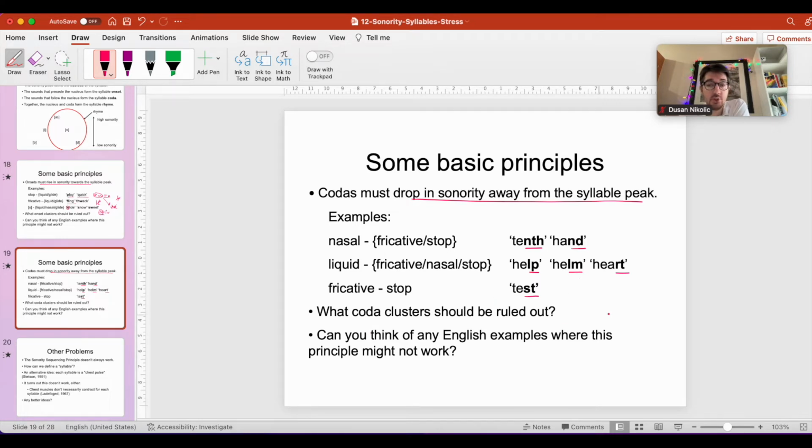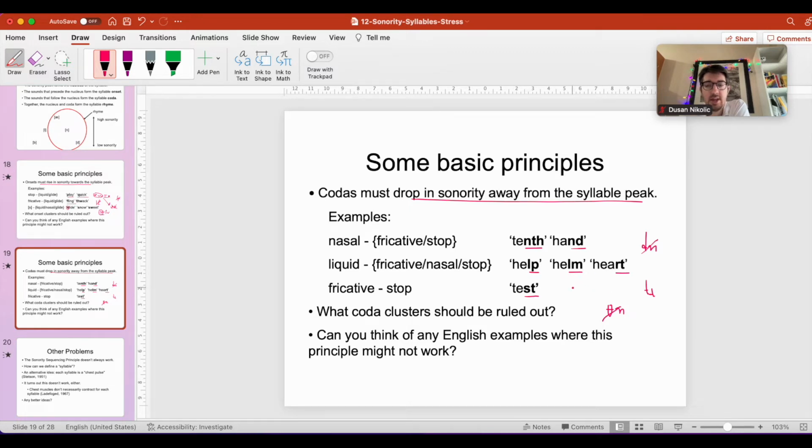What coda clusters should be ruled out? Well, you can think of maybe tenth, right? Tethen, yeah, very difficult. Hand, hadden, not really good. We don't have words in English with those. Heart, hutter, maybe not very well.